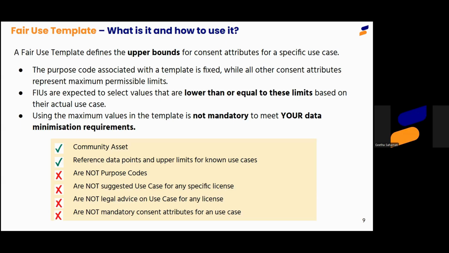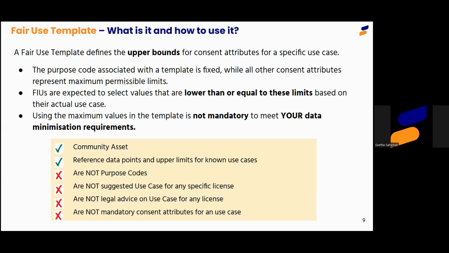For example, if a template says you can't take a consent beyond 1 year, that's a maximum validity that the ecosystem has agreed on. If you have a use case for more than 1 year, please write to us. But in all likelihood, the council has considered all possibilities and they've arrived at that 1 year as the consent validity.